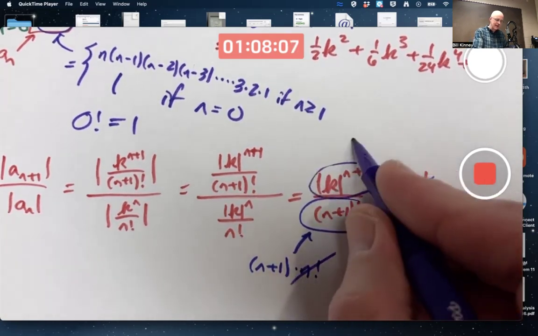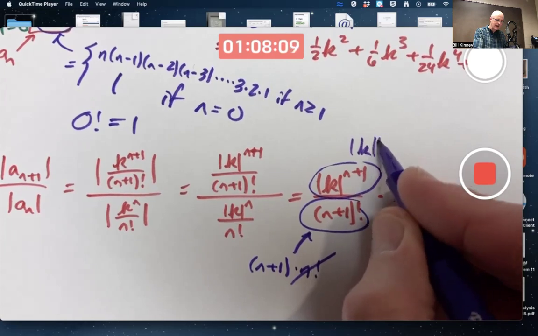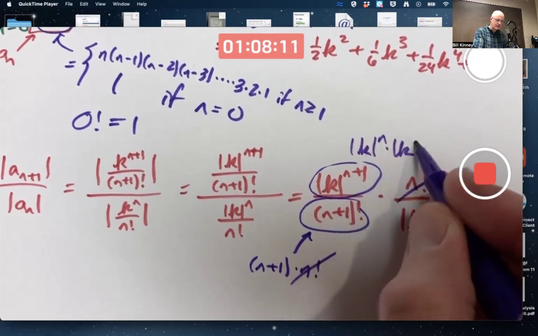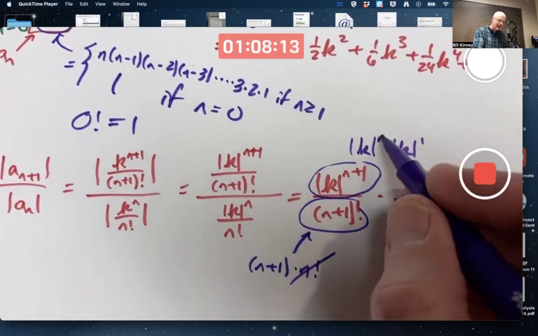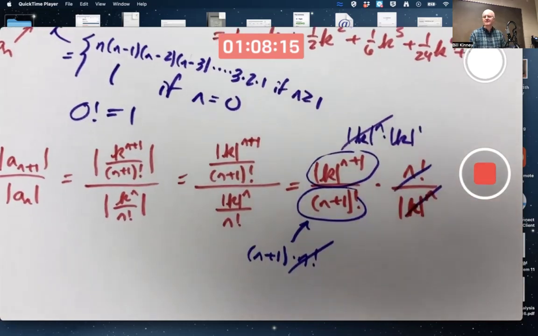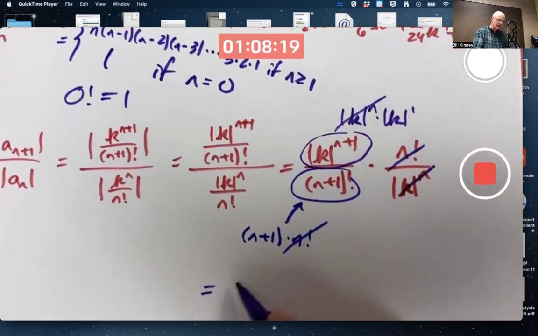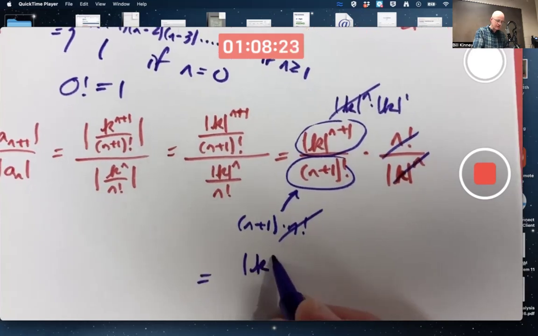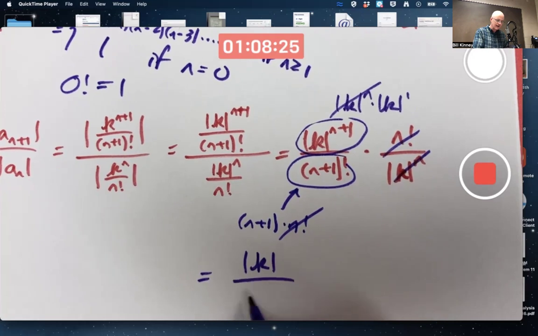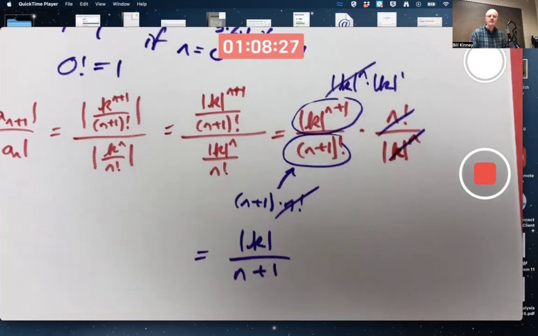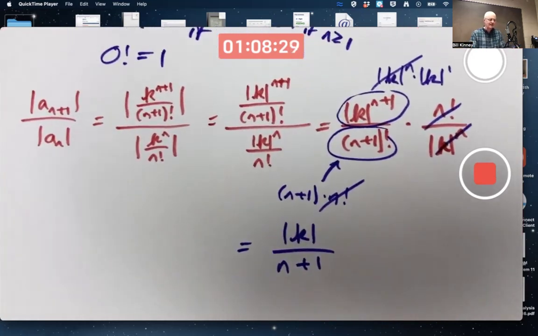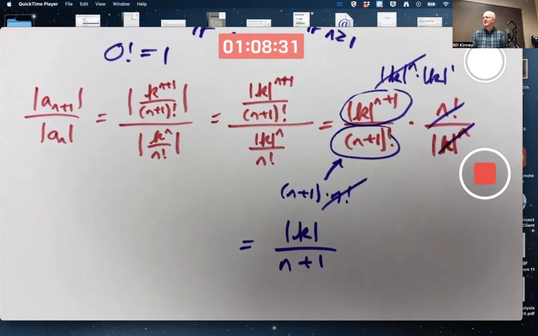This is the same as the absolute value of k to the n times the absolute value of k to the first. And the absolute value of k to the n's cancel, leaving you with a simplified expression, the absolute value of k to the first, which is just the absolute value of k, divided by n+1. That is what this thing simplifies to.